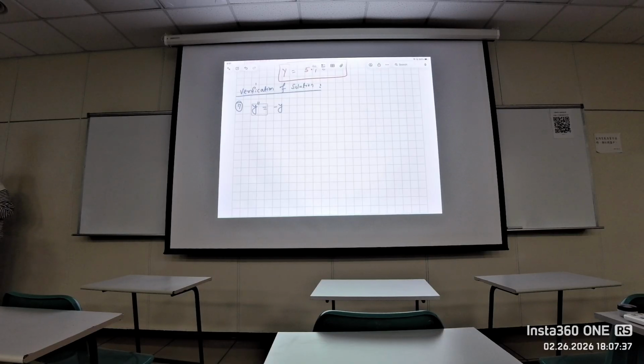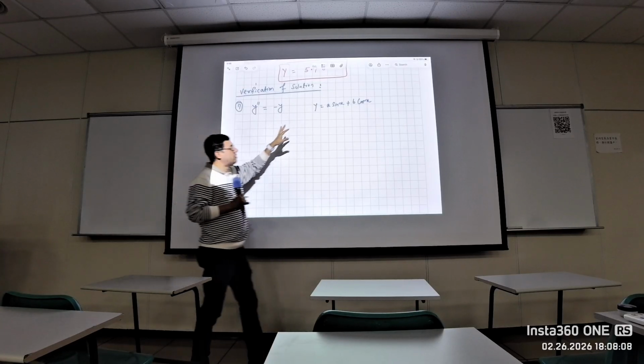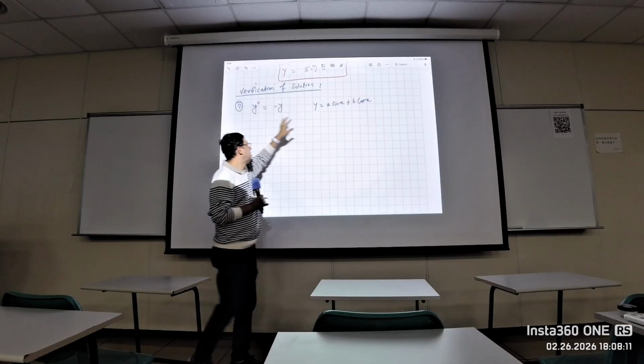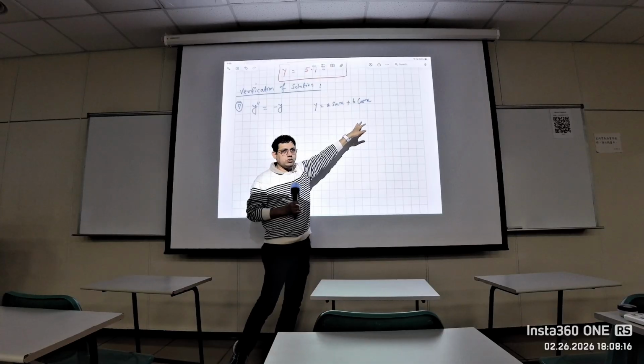Okay, so this is the ODE, and the solution given to this is y is equal to A sin x plus B cosine x. Let's say this is the solution and this is the problem. This is the given ODE and this is the solution to the ODE.